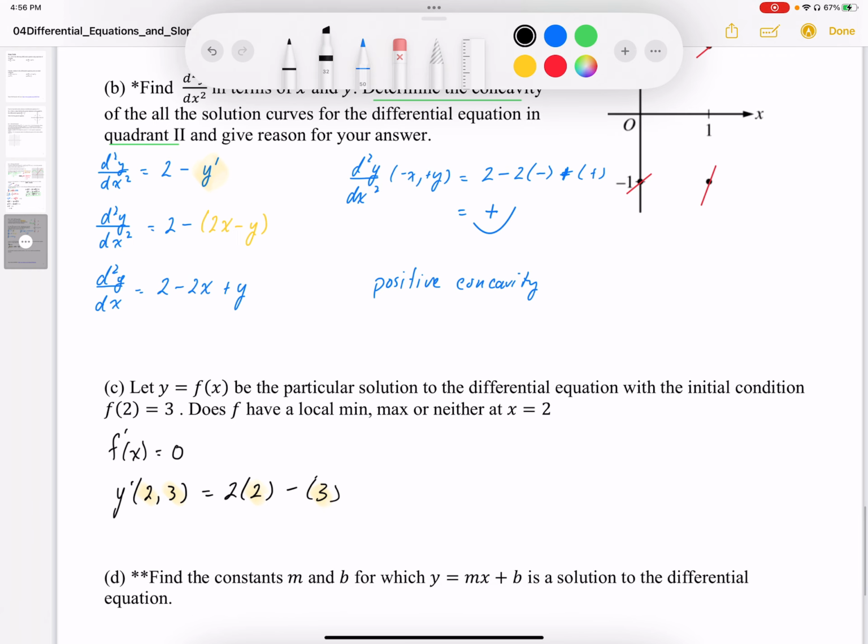When we do that, we end up with 4 minus 3, which is equal to 1. Well, y prime at 2 and 3 is not equal to 0, so it can have neither a local min or max. So neither local min or max.